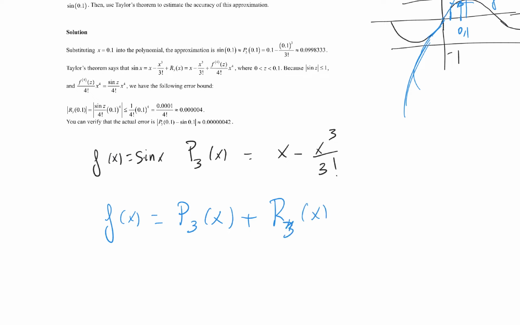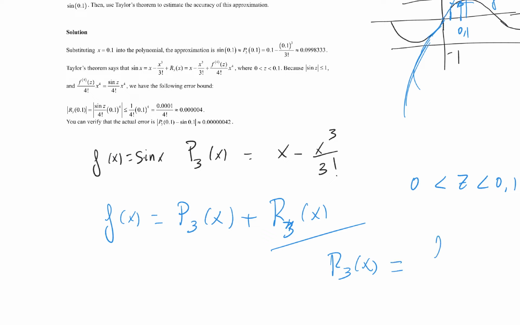The theorem says that there exists a point z between 0.1 and 0, where 0 is the center, the point where you are doing the Maclaurin polynomial, such that this relation will take place.